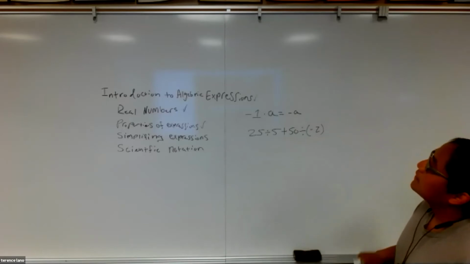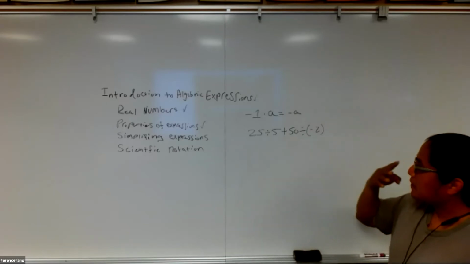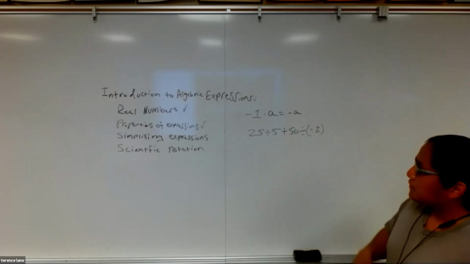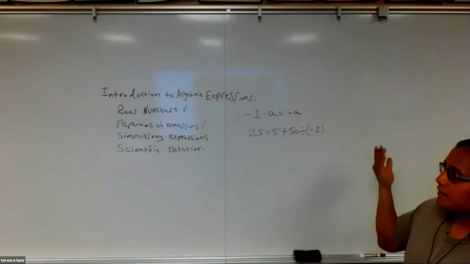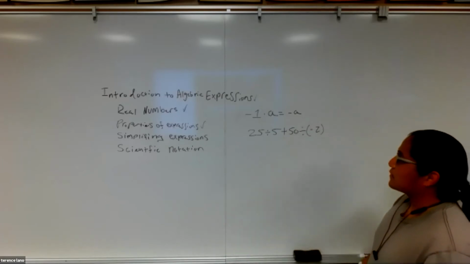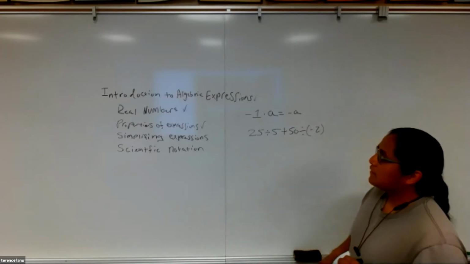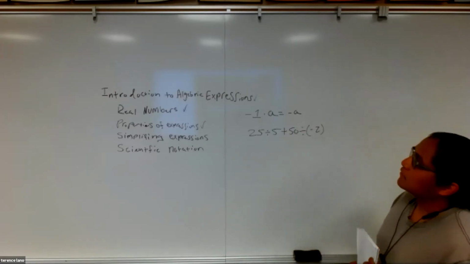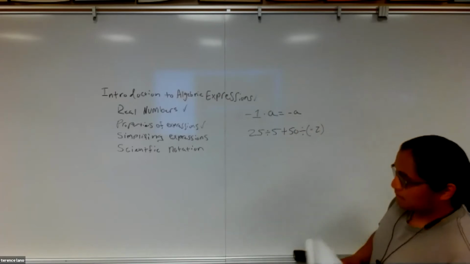We always work first with multiplication and division, from left to right. And then we do our addition and subtraction in the same way from left to right. But I think we'll be going over that tomorrow, I believe.